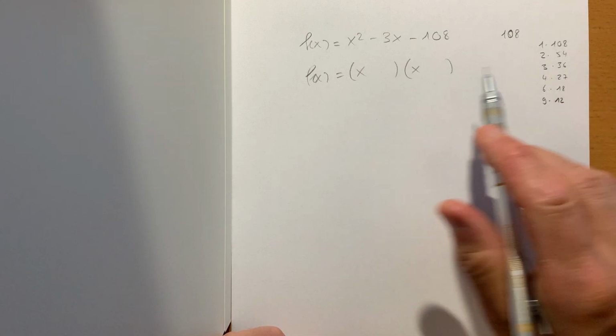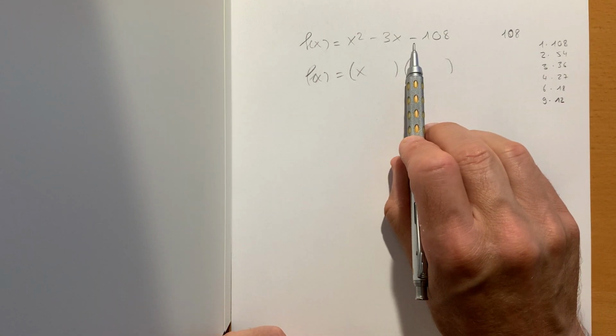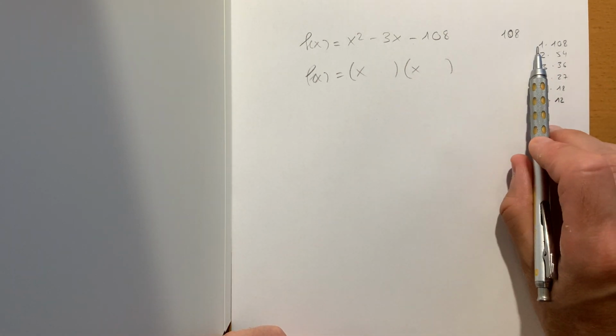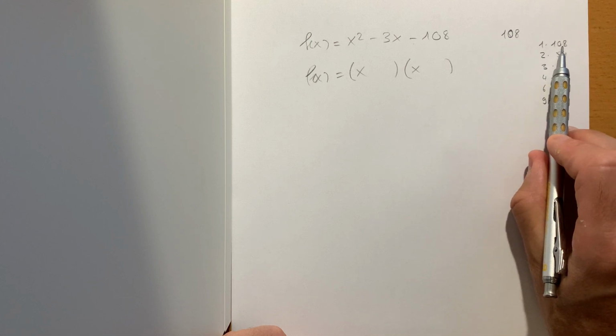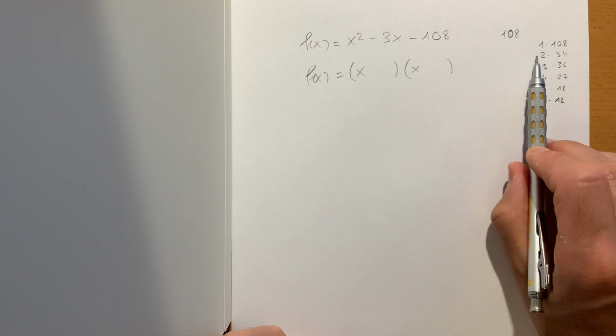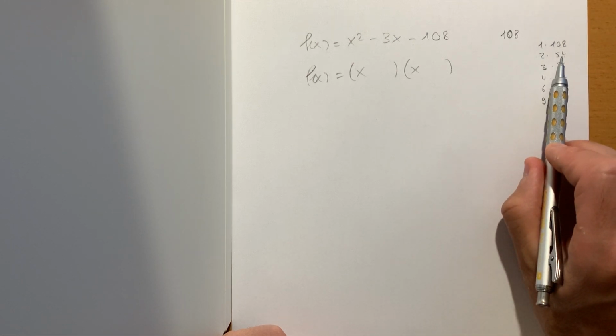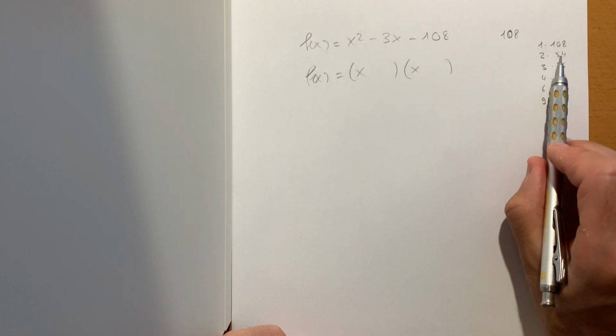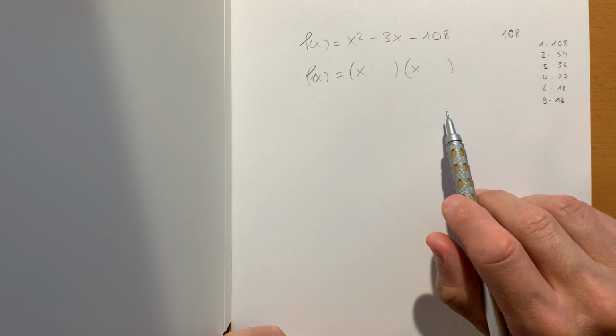And now, look, it's minus 108. So it could be minus 1 times 108, or it could be 1 times minus 108. Minus 2 times 54, or 2 times minus 54.